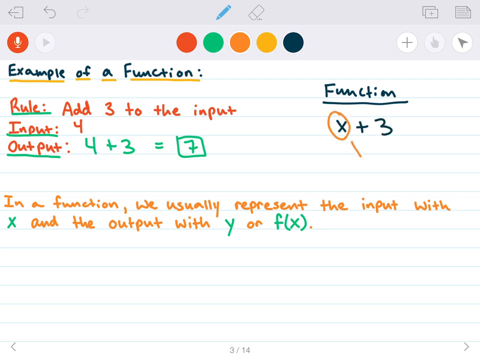That way, my input is x, and x is a variable, which means we can replace it with any number we want as our input. In a function, we typically represent the input with x, not always, but usually, and the output with y, and we're about to learn f of x, which is function notation.